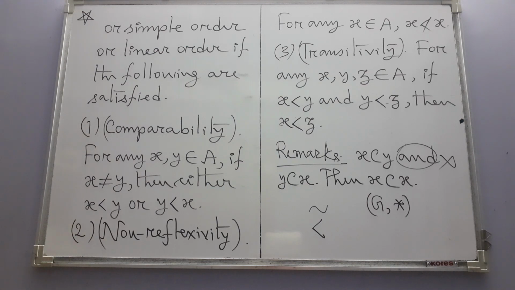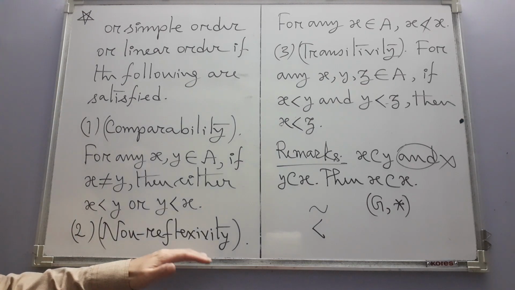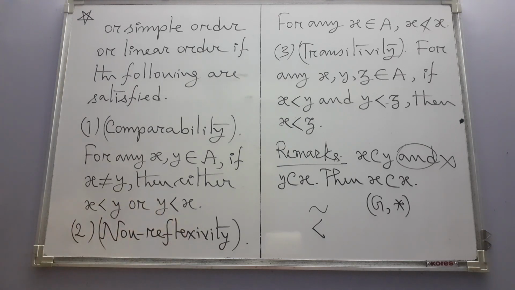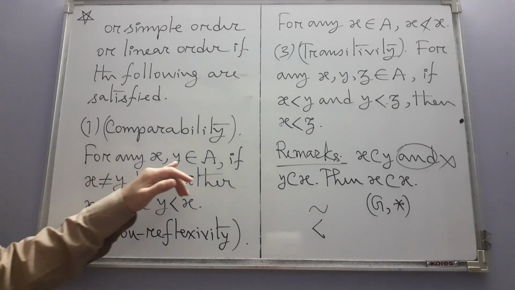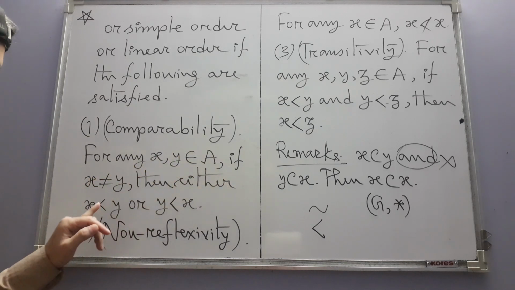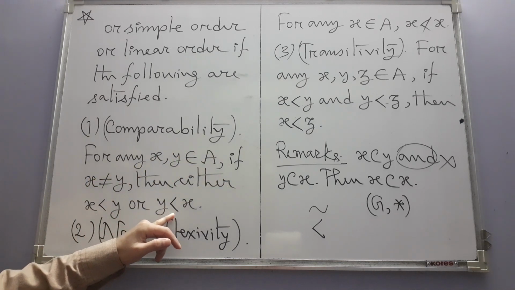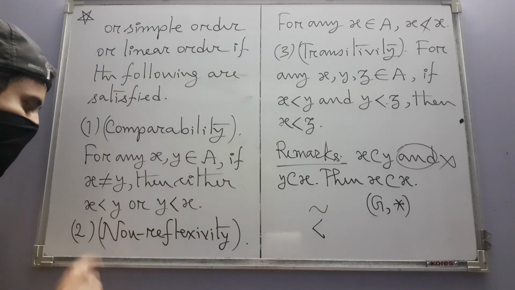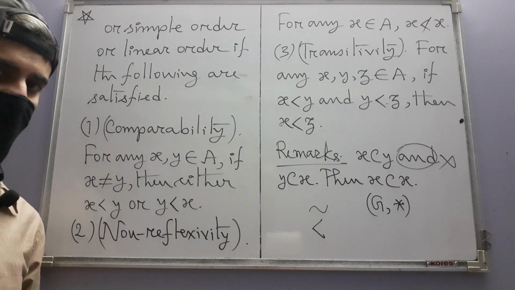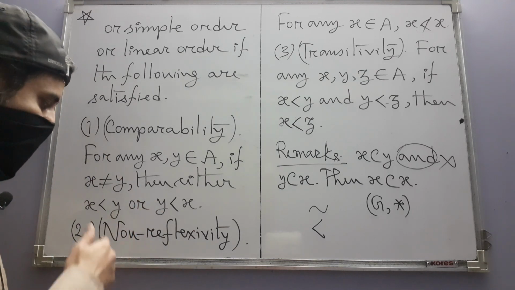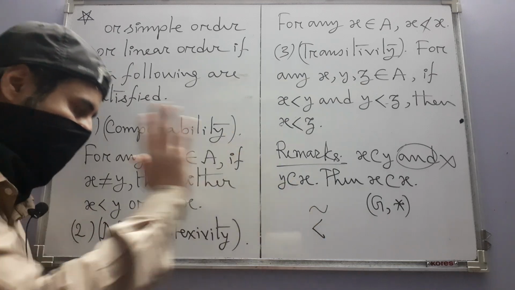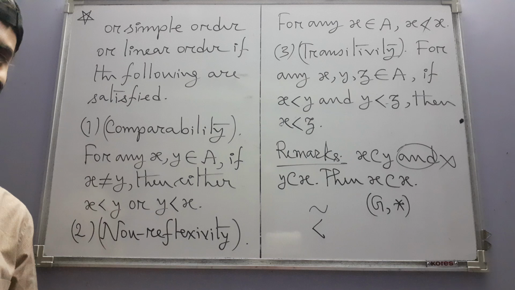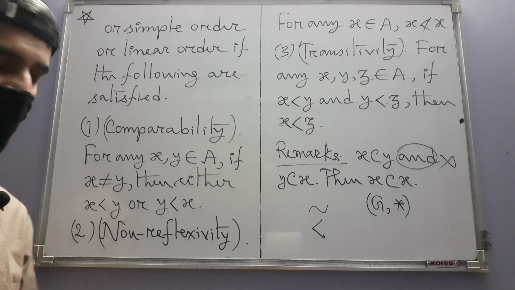See how natural they look now and how much easier to understand they have become when we use this symbol. It says that if we consider two distinct elements of A, then X is related to Y. Again, because we are using this symbol doesn't mean we get to read it like this, X is less than Y. This is no longer less than, this is just a symbol which reminds us of the usual less than, because its properties are like the usual less than, which applies to numbers.